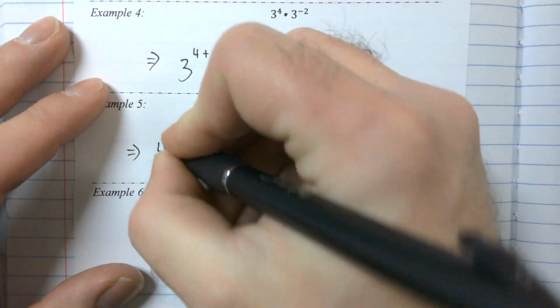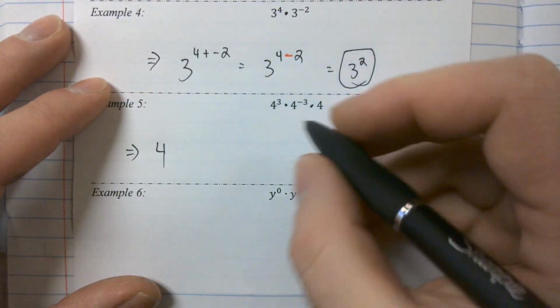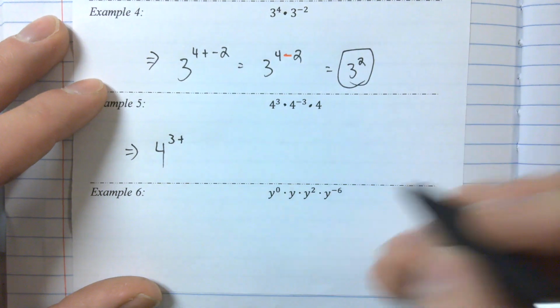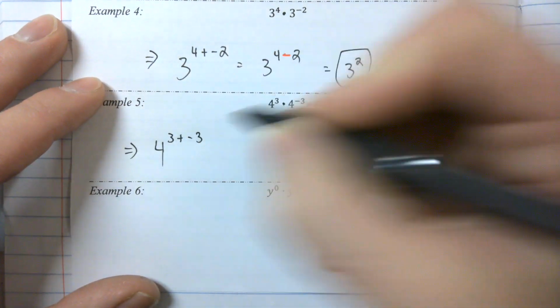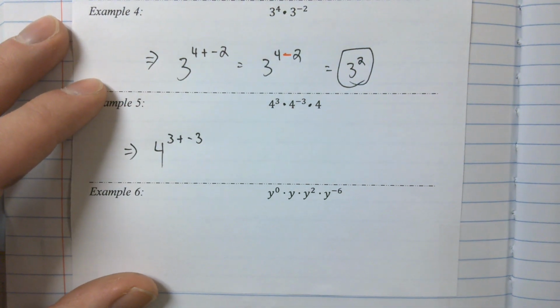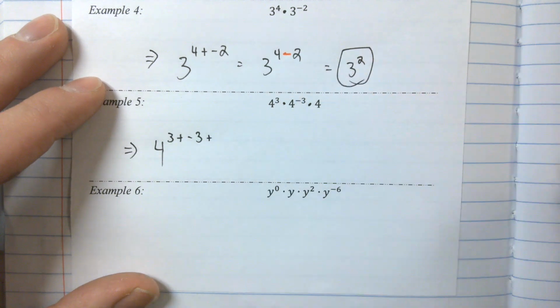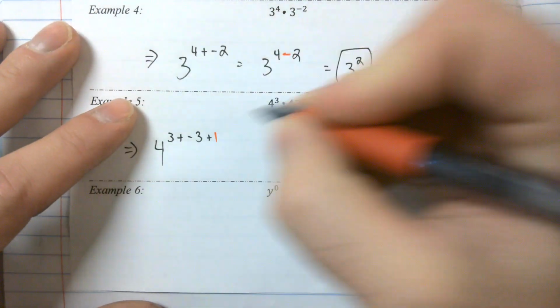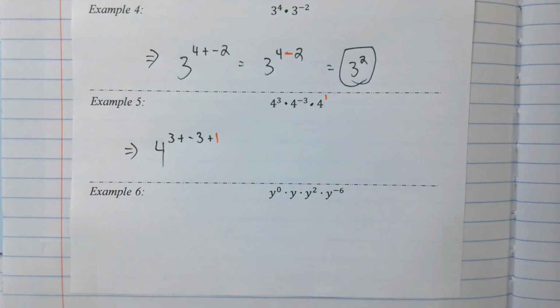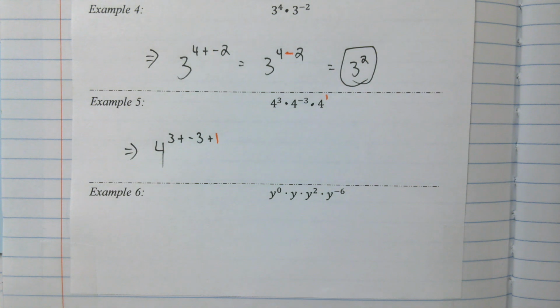Okay. I'll keep my base the same. I've got a 3 plus a negative 3 plus what? Plus 1. That lonely 4 has got a 1 on the top that we have to include in our product rule.